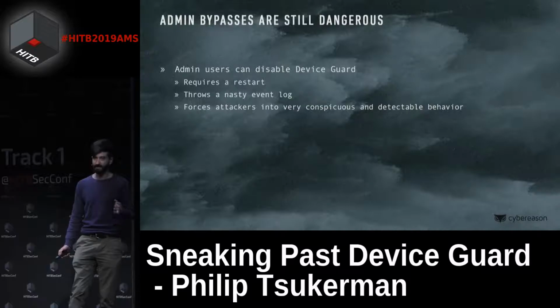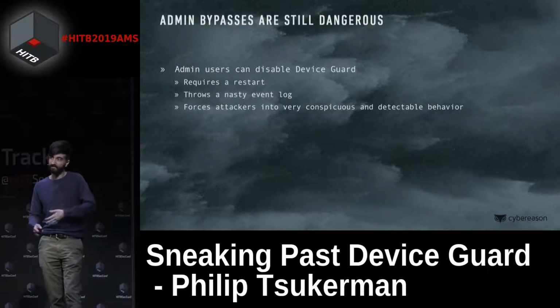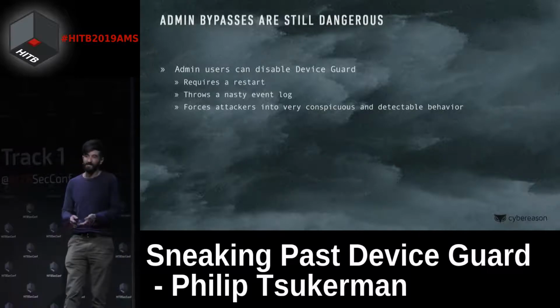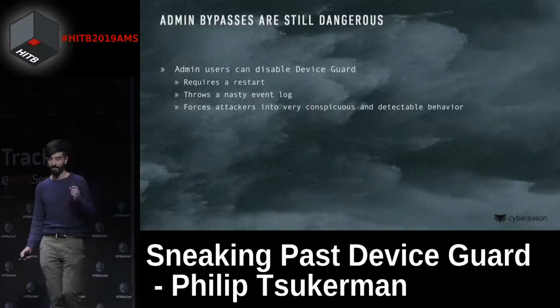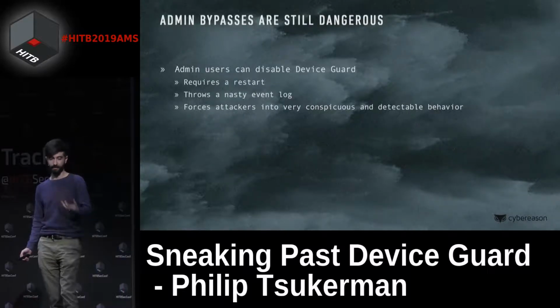Now, some of the techniques I'm going to show actually require administrative privileges. And an administrator could actually just turn off device guard. So why are these even important? Well, when an administrator disables device guard, this actually requires a restart of the machine to go into action.